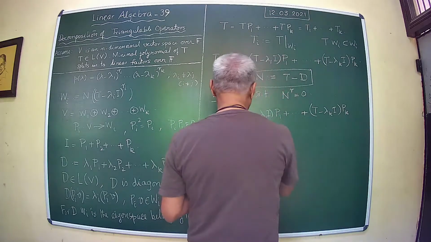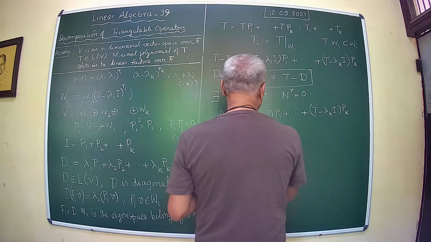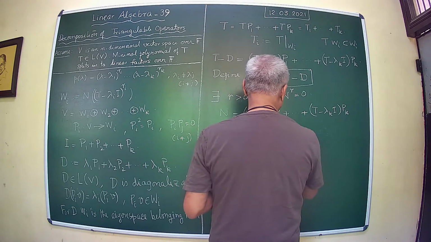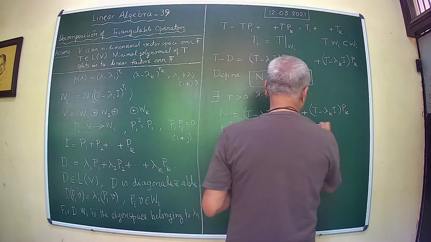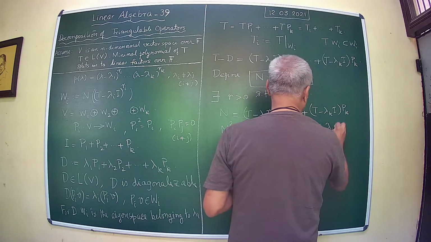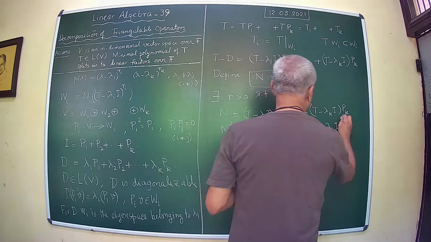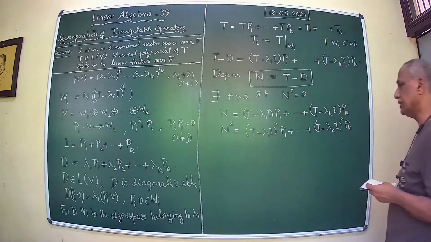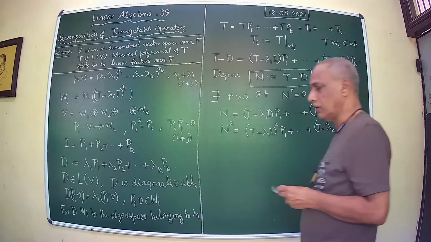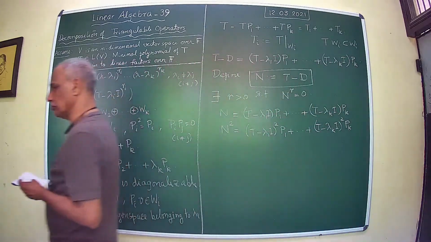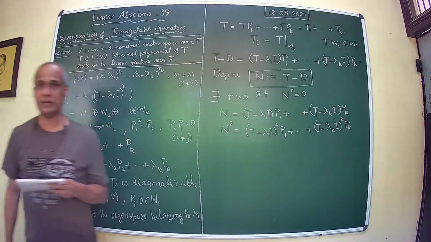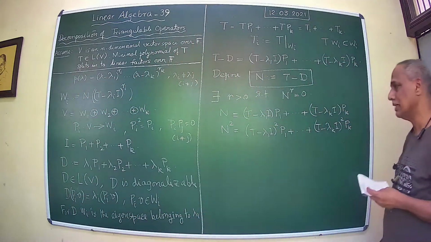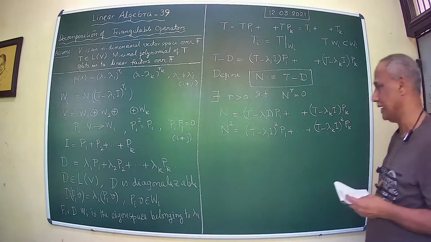N square turns out to be, now we have used the fact that Pi square equal to Pi and Pi Pj is equal to 0 whenever i is different from j.